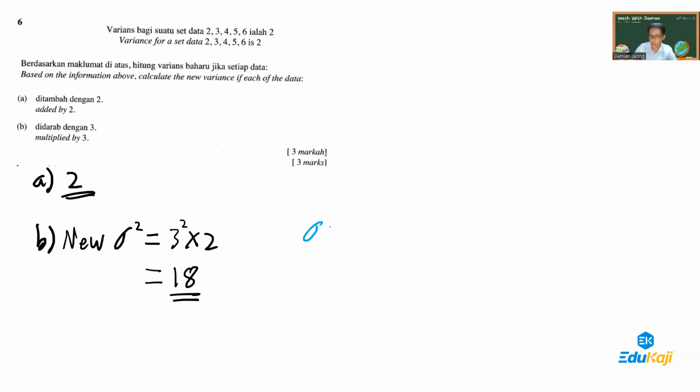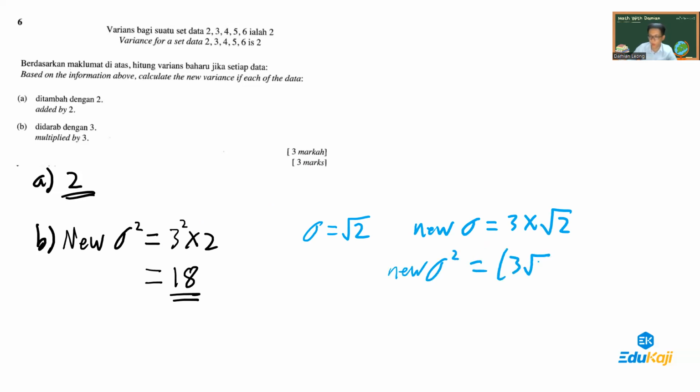Okay, another way of doing this is if you don't take variance, means I take the old standard deviation, square root of 2, new standard deviation, 3 times square root of 2, and new variance, 3 square root of 2 square. Then becomes 9 times 2, which is 18. Yeah.